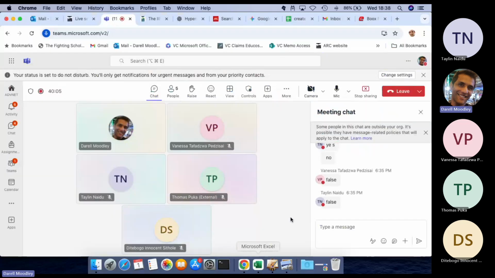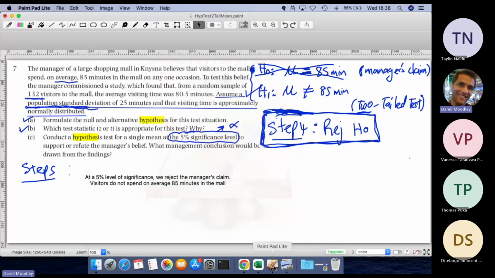Let me check the chat. Okay, no questions. So that is hypothesis testing, and I've shown you how to do it for when you're using the Z statistic. The next one I'm going to do now is using a T statistic.